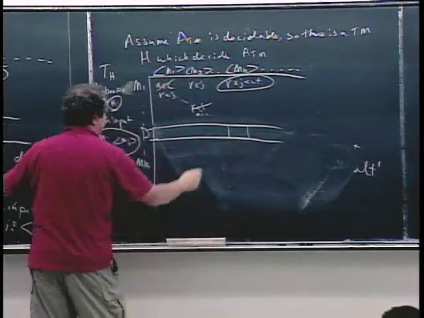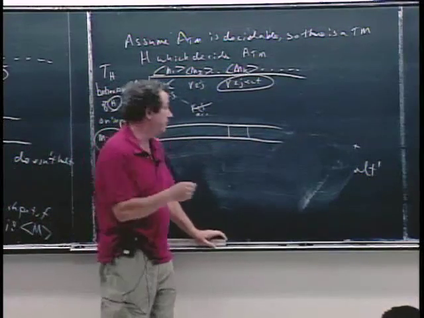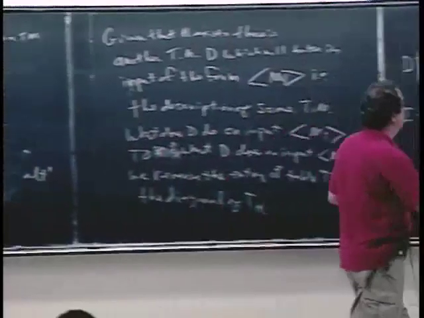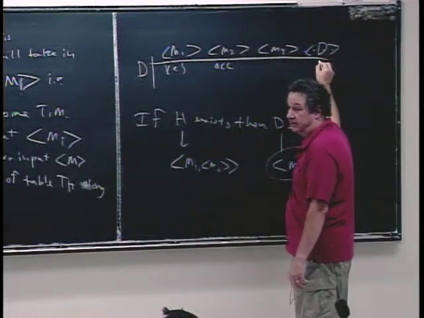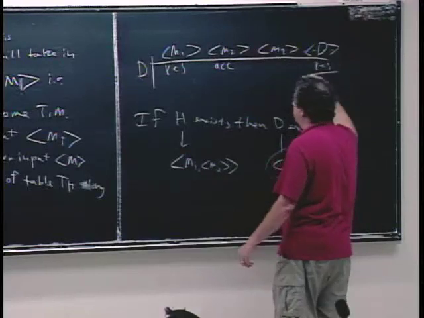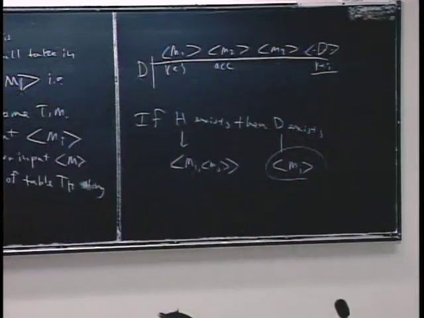If that's an accept, what's this value? Accept, yeah. And if this is an accept, what is the value over here? It's a reject, because the values in this row come from the values along the diagonal in this table, and they're the opposite. So if it's an accept here, it's a reject there. So those two rows are not the same.